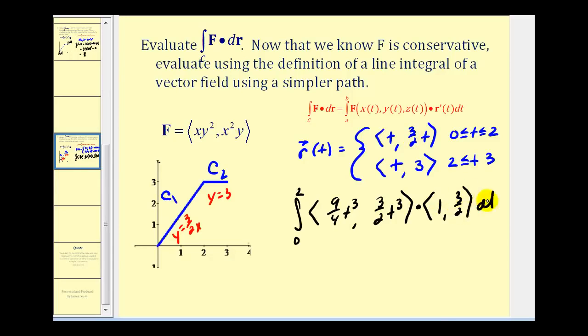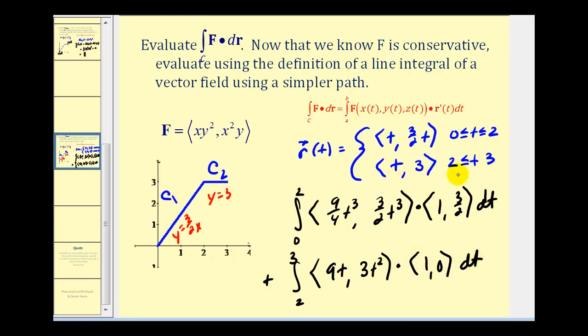Integrate with respect to t. And our second integral is going to be from 2 to 3, where x y squared would be 9t, and x squared y would be 3t squared. And r prime of t would be (1, 0). So as you can see, the original method in this problem is going to take a lot more work than the previous two methods. Let's go ahead and finish this on the next page.